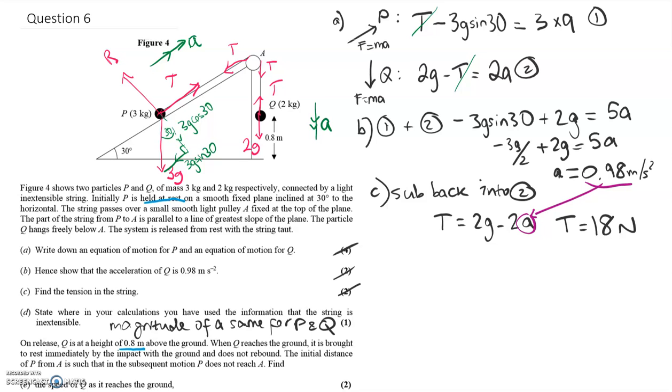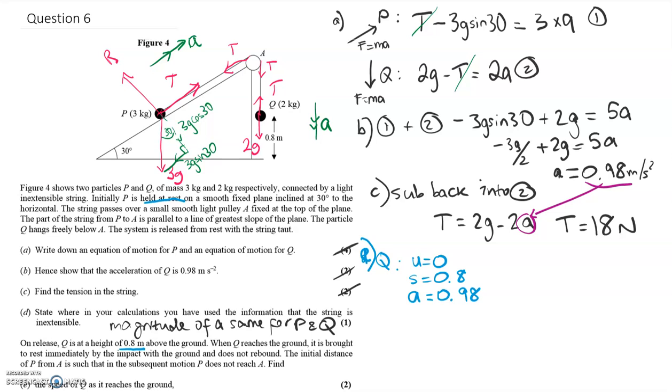So let's write down everything we know about particle Q to work out part E. We know U was 0. We know that it travelled 0.8 meters before it hit the ground. And you know that it's got an acceleration of 0.98 downwards.